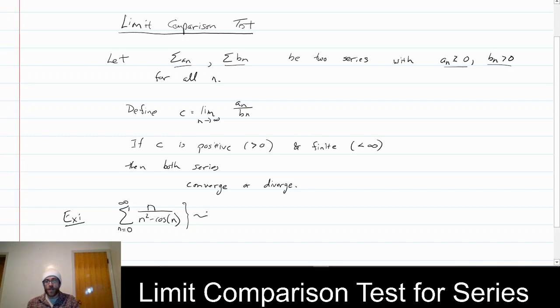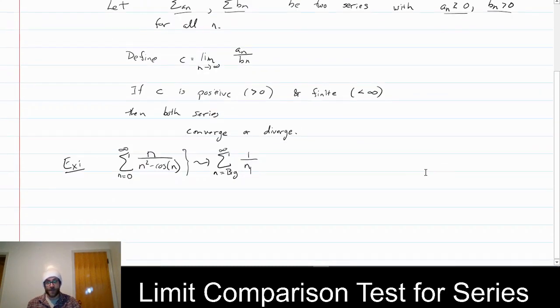We saw that as n goes towards infinity, we essentially get the sum from n equals something big to infinity of 1 over n. That's a good place to start and compare. Let's use the limit comparison on this.